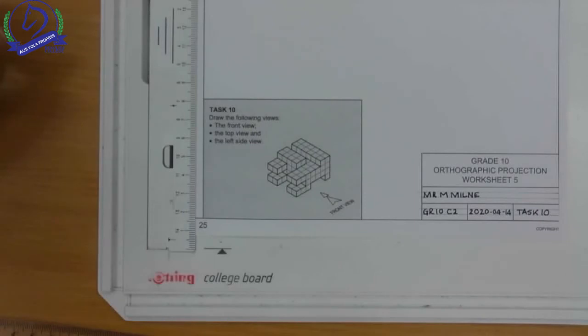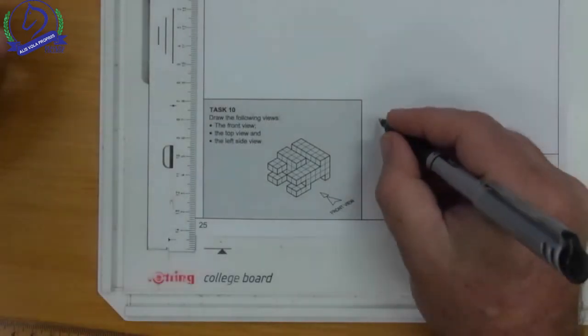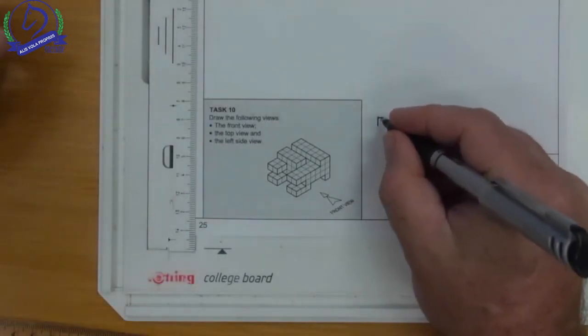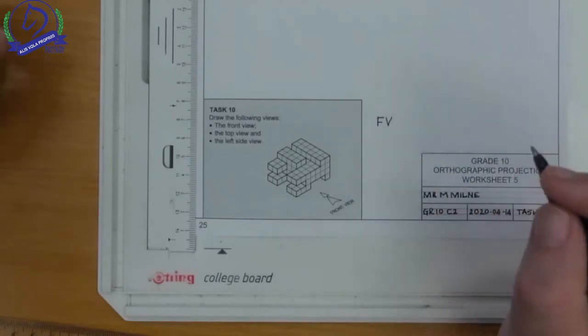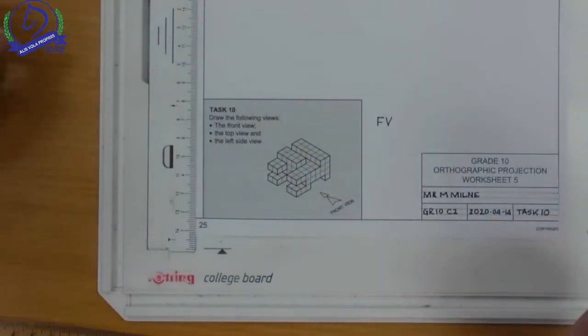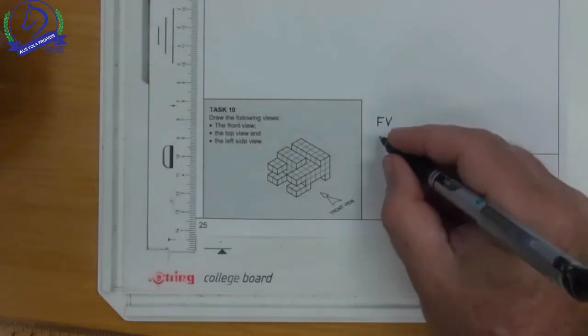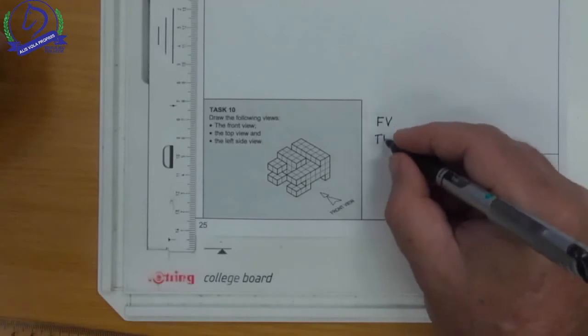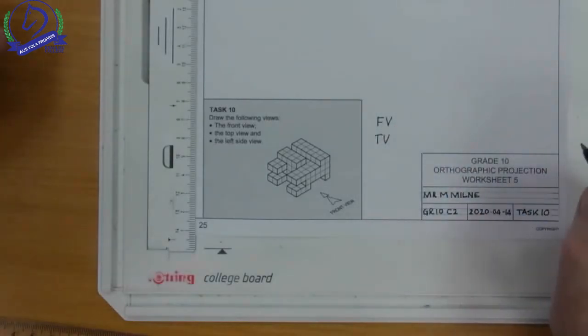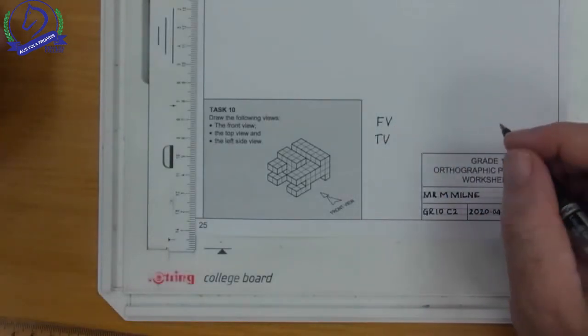So what we need to remember again, the main thing, is that it is about the positioning of the views. In first angle orthographic projection, the front view is always the most important view. The top view is when we look down from the top of the shape, and it is placed below the front view.